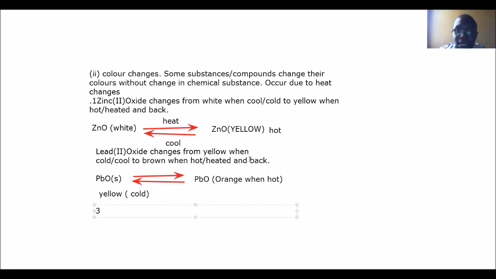Number 3, iodine is a halogen that will exist in the solid state at room temperature. And we know the color of iodine is dark gray, a crystalline solid. But when this iodine is heated, it sublimes.